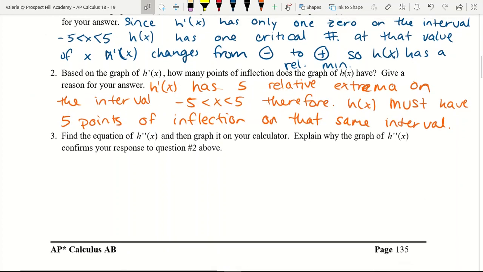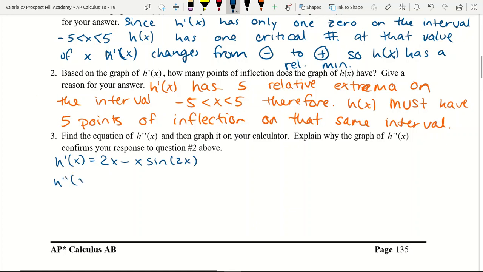Now, for our final question, find the equation of h double prime of x and then graph it on your calculator. Explain why the graph of h double prime of x confirms your response to question 2 above. So h prime of x is equal to 2x minus x times sine 2x.